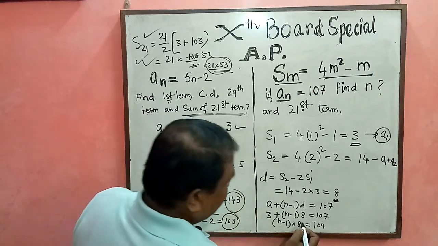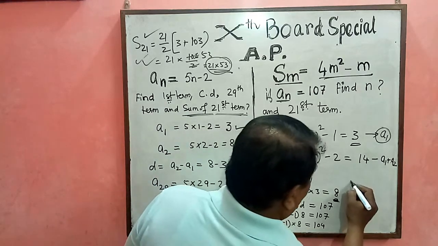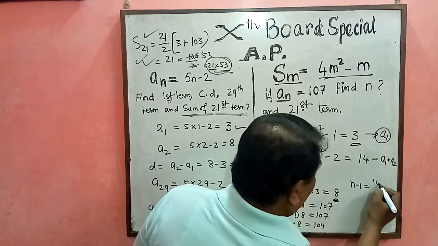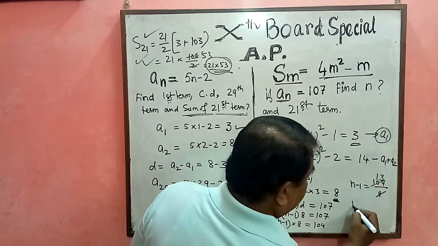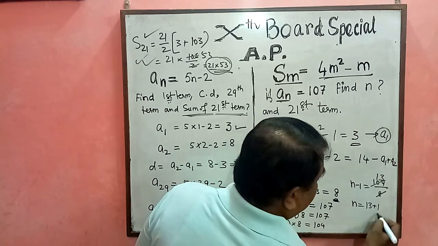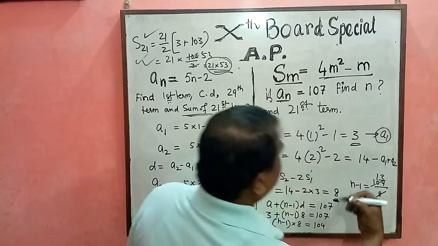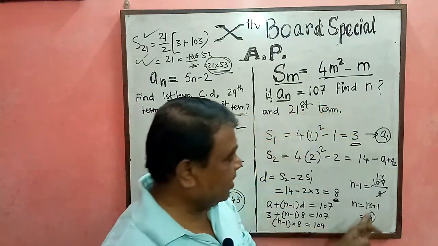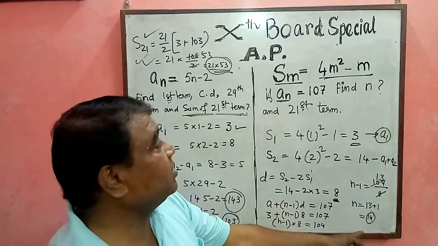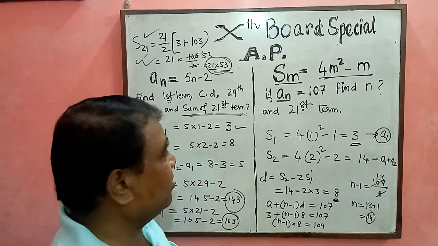Now n minus 1 is equal to 104 upon 8, which is 13. n is equal to 13 plus 1, this is 14. So if the nth term is 107, find n, we have n equal to 14. Now the 14th term is 107.